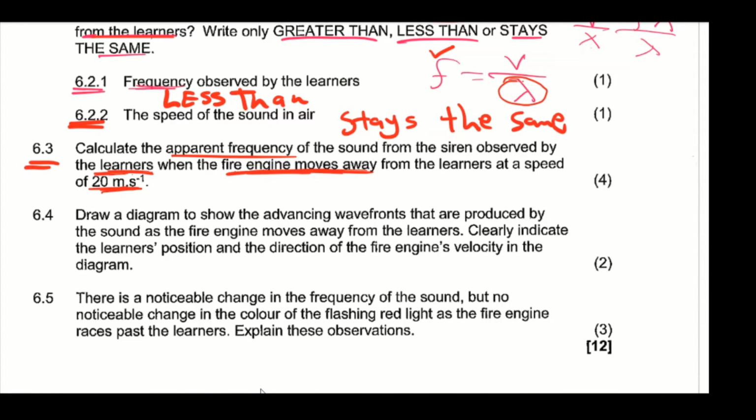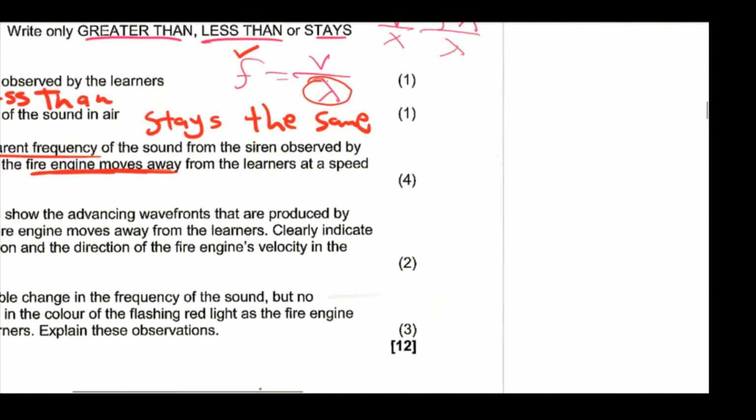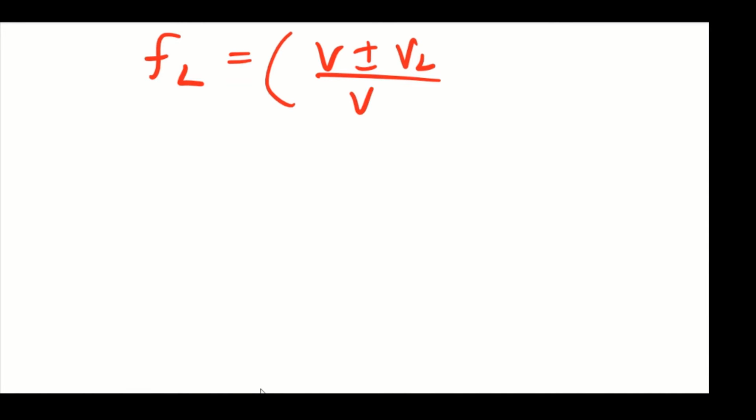We're going to use the formula that looks like this one here. The frequency of the listener is equal to v plus or minus v of listener, over v plus or minus v of source, multiplied by the frequency of the source.